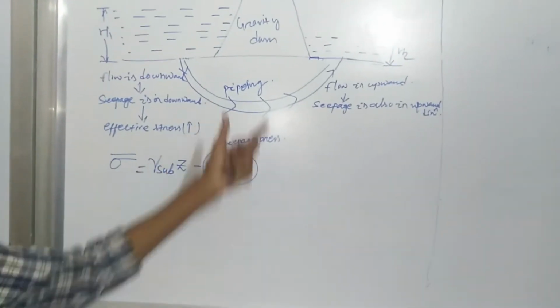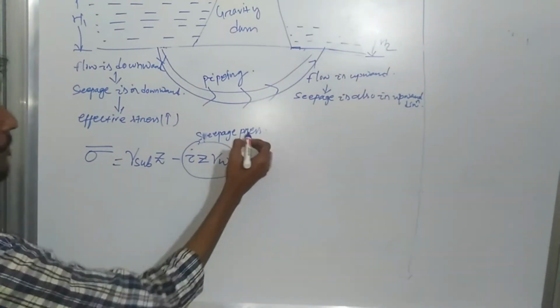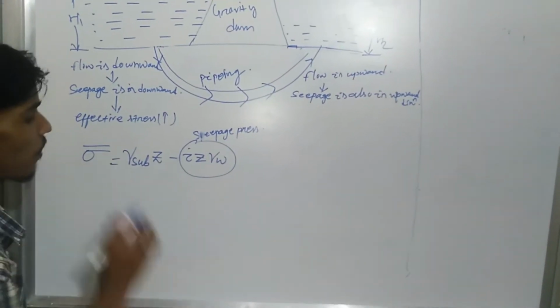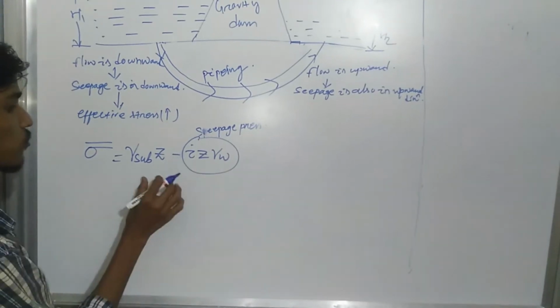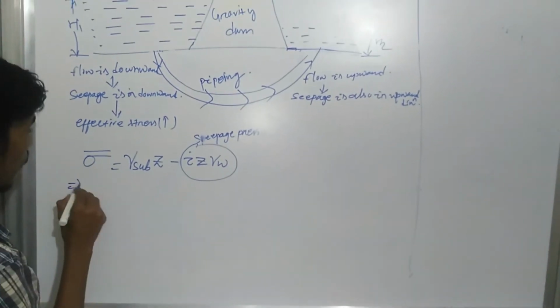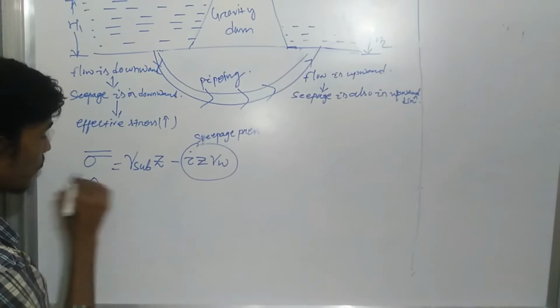When will the piping occur? If the seepage pressure is equal to the submerged weight, then the effective stress becomes zero.